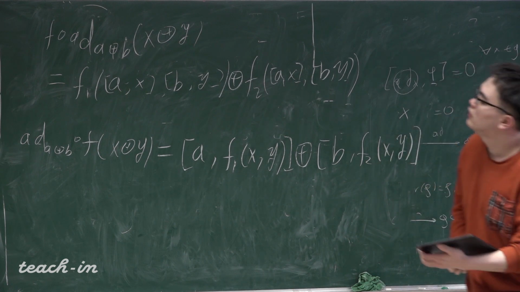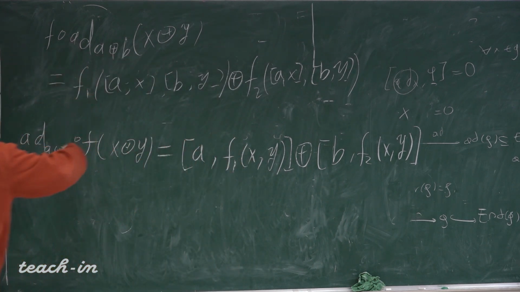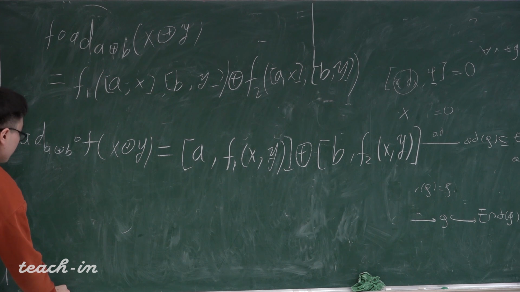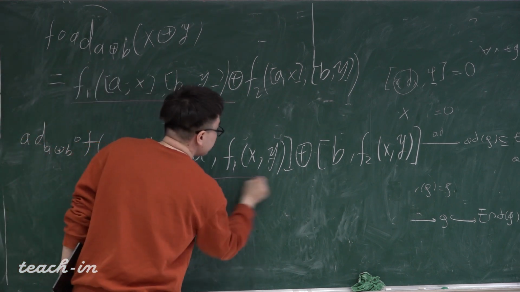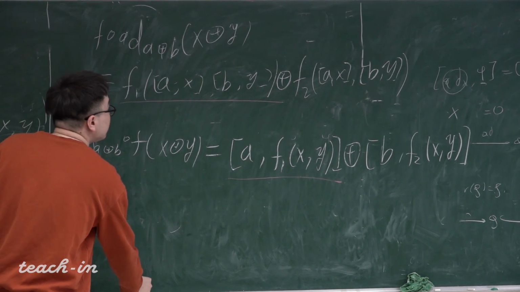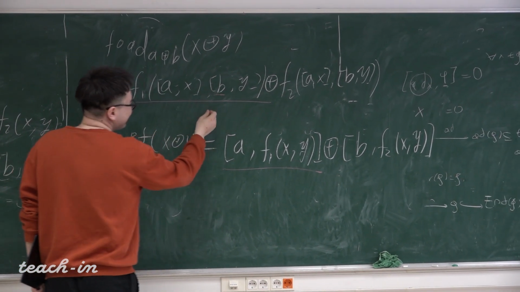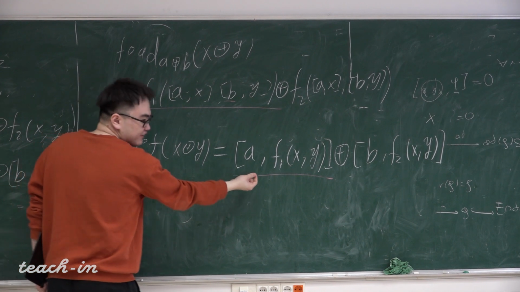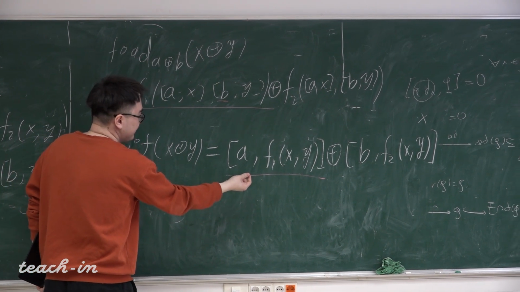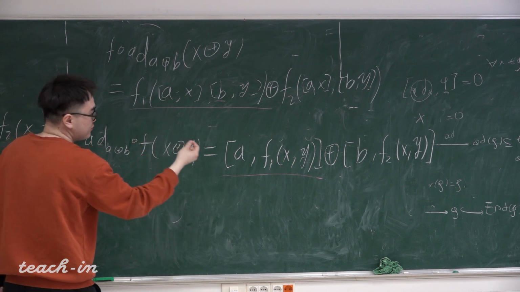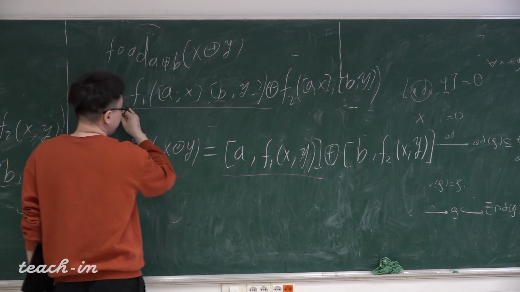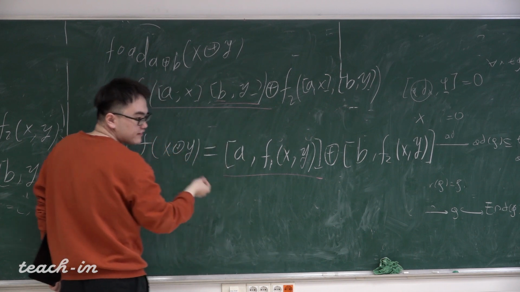And now these two should be the same thing, so this part should equal this part. But here it depends on b, and it should not. Because g is semisimple, f1 should not depend on this.